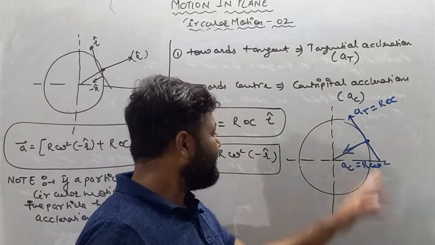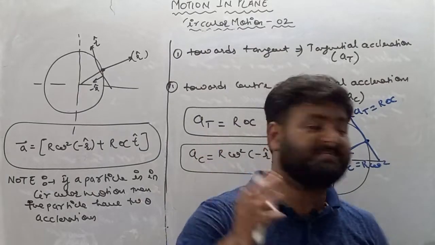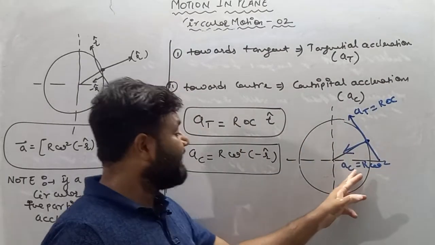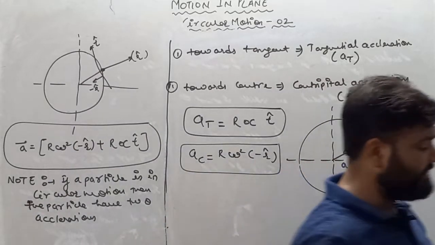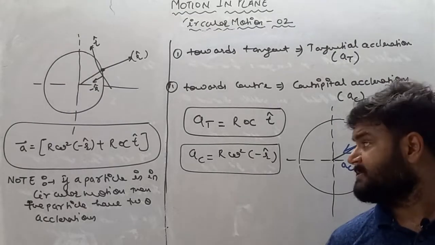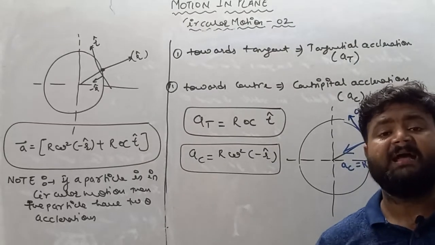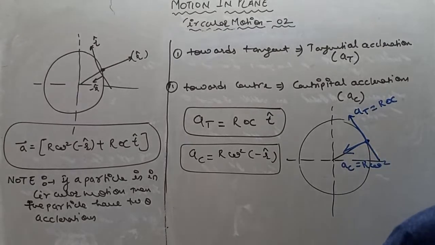Towards center, it is called centripetal acceleration, r omega square.